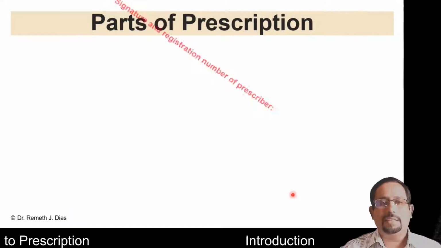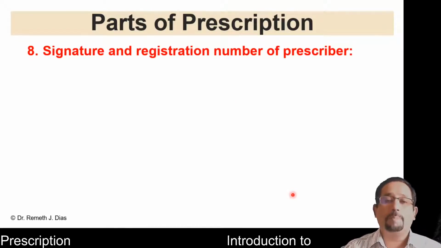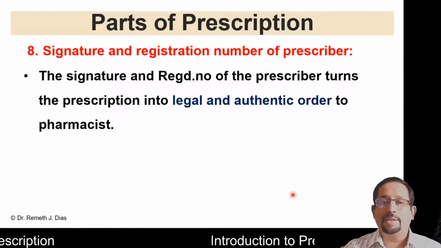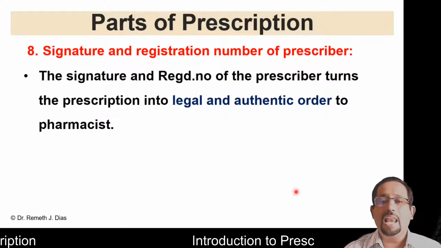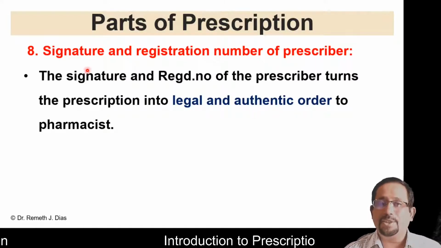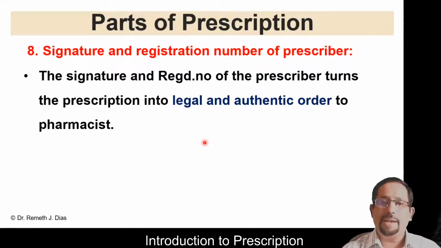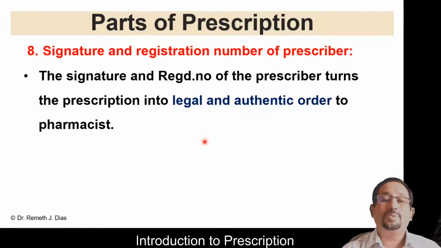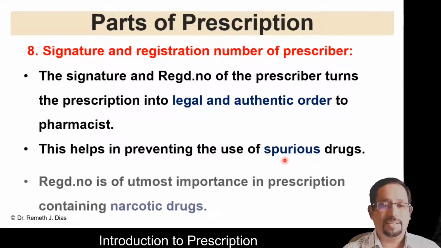Eighth part is signature and registration number of the prescriber. It is very important because it converts the prescription into a legal and authentic document. If there is no signature and registration number of the prescriber, it is not binding on the pharmacist to dispense that prescription. This helps in preventing the use of spurious drugs.